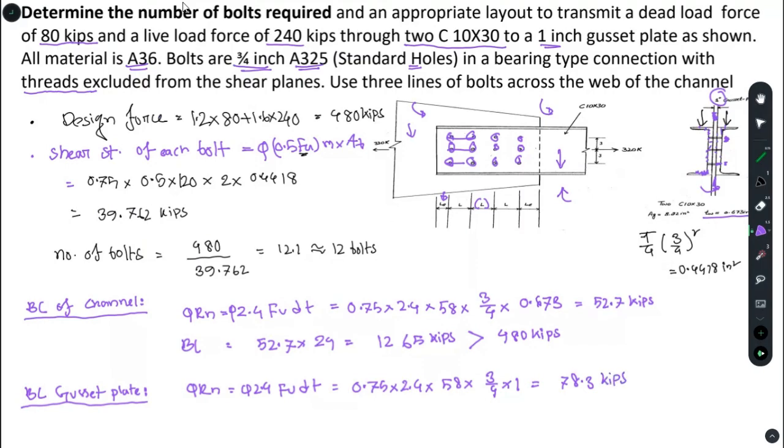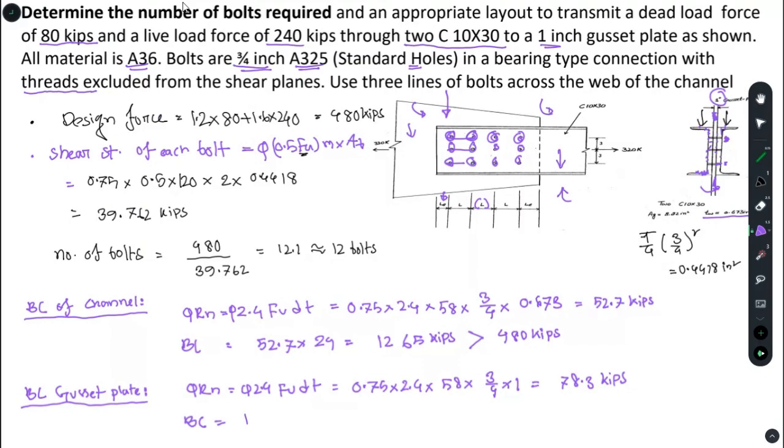and your total bearing capacity would be, for gusset plate you have just 12 bearing surfaces, because the gusset plate is this, and it's just a single gusset plate, so it has 12 penetrations of bolts.